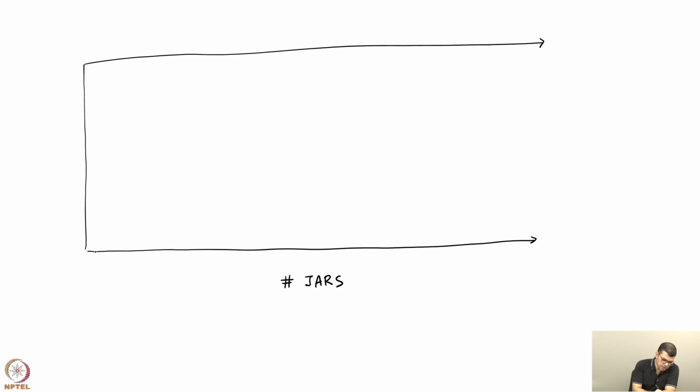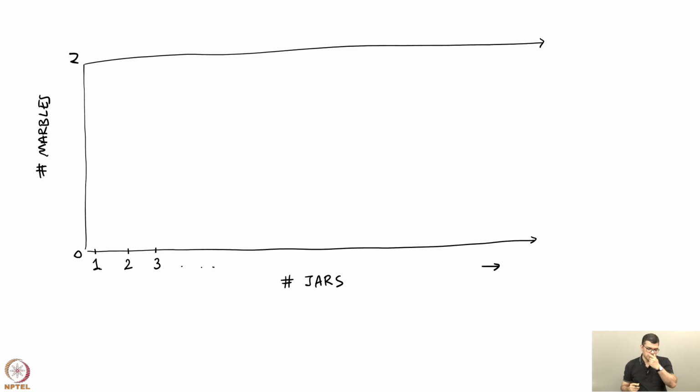So I started with the first jar, the next jar was jar number 2, and then jar number 3, and so on and so forth. The y axis is the number of marbles, and this goes from 0 to n.